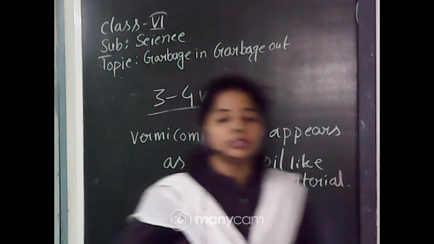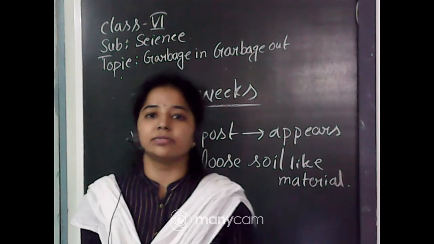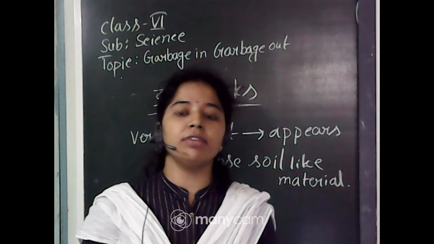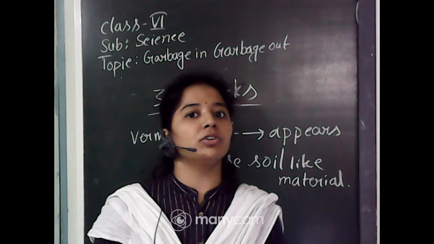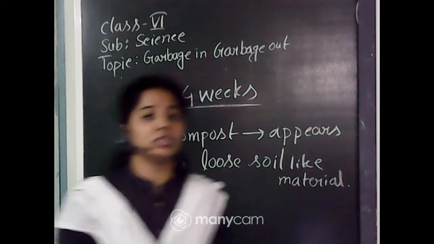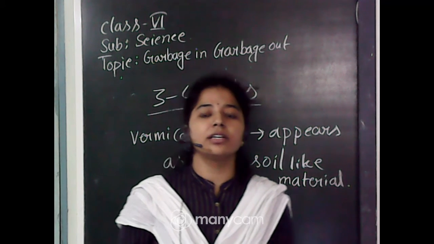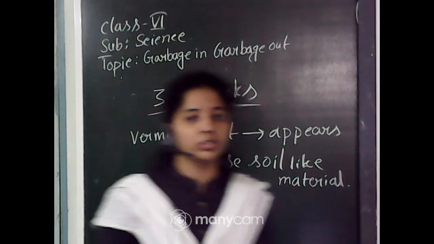Now these red worms are very sensitive. They cannot survive in very hot climate, and they cannot survive in very cold climate, and they need proper moisture in the environment. And they do not have teeth. Now how do they chew the food?